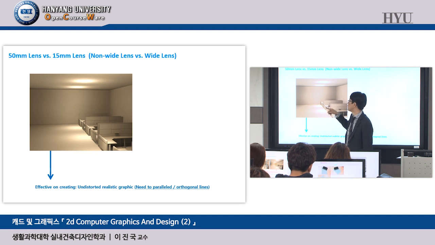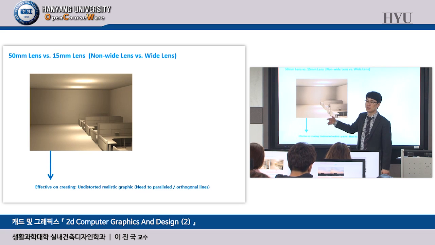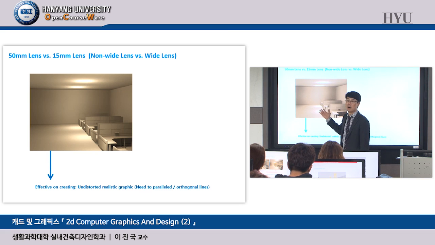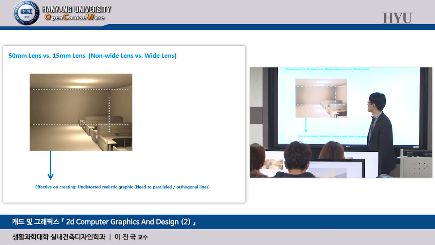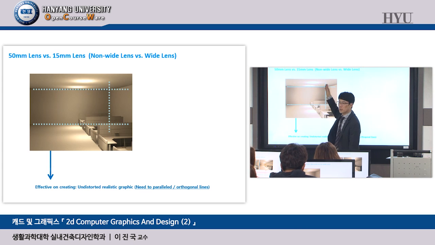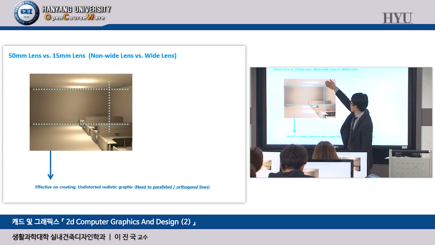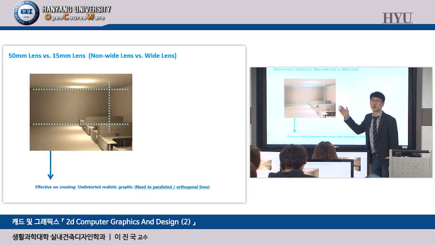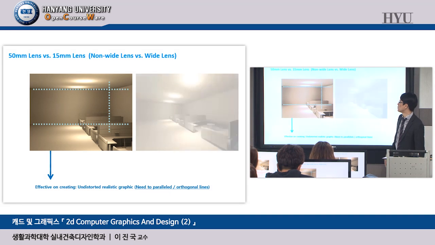You can see objects without any distortion, any exaggeration, as they are in the scene. And also take a look at some lines, especially vertical lines, which must be orthogonal, perpendicular. In other words, 90 degrees.